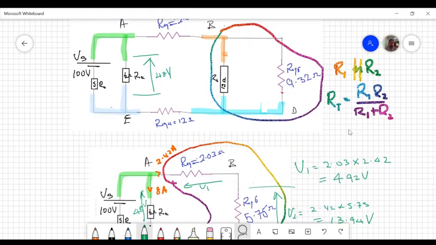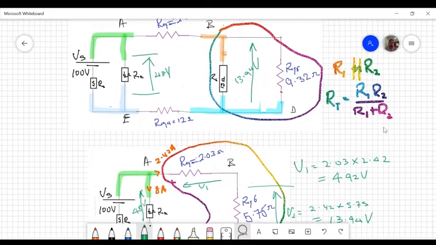So I know the voltage across here is 13.94 volts. Now make sure you understand how did I get that to be there.